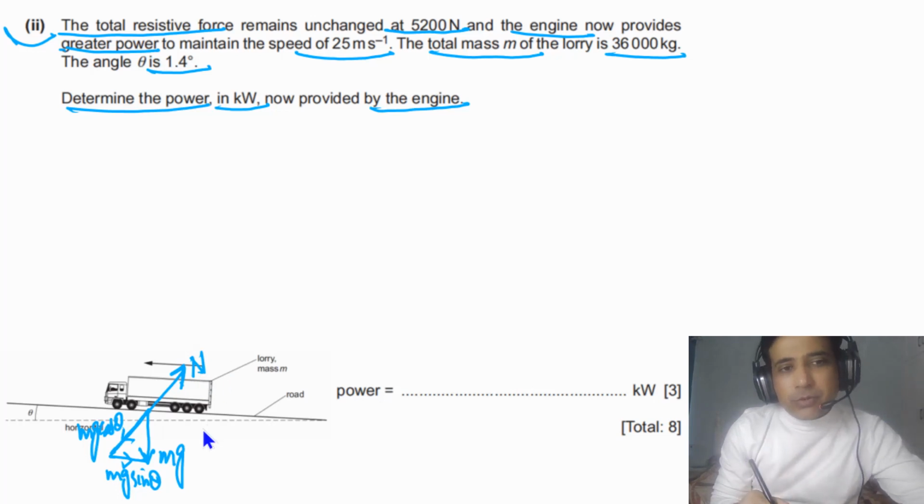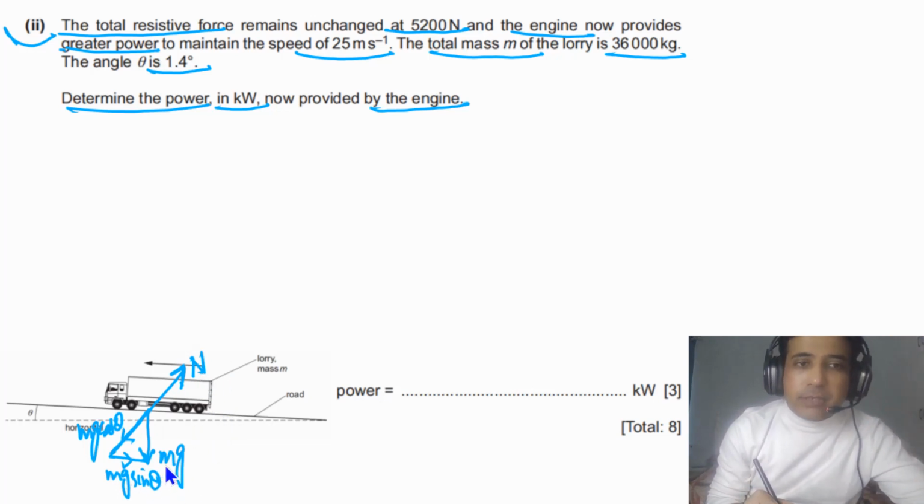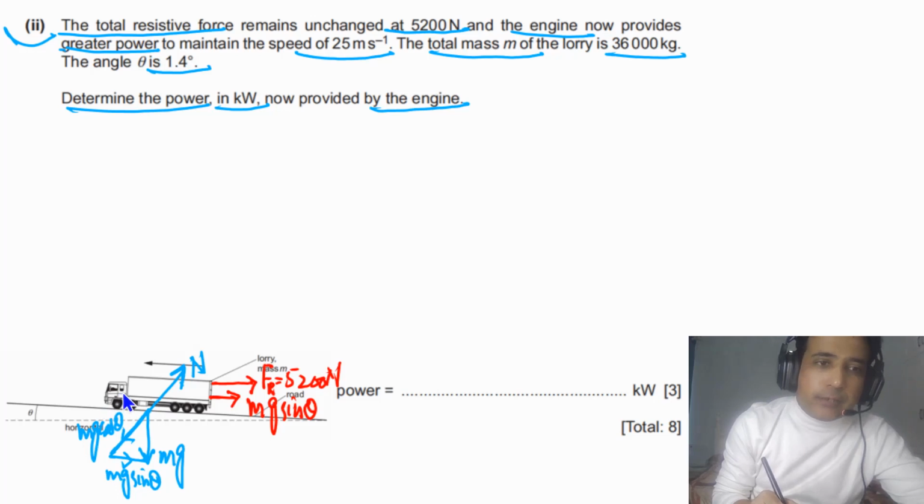So in this case, the motion of the lorry is only opposed by mg sine theta. If we write down the forces opposing the motion, there are two forces. One force we have already discussed, Fr, equal to 5,200 newtons. Then there is an additional force now, mg sine of theta. So this is the total force opposing the motion of the lorry.